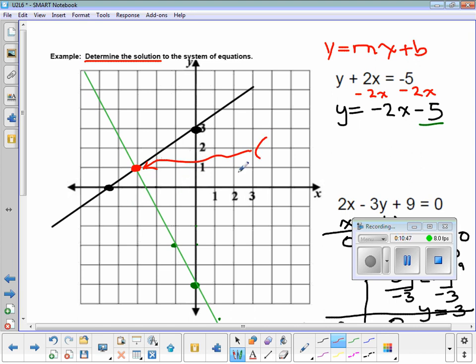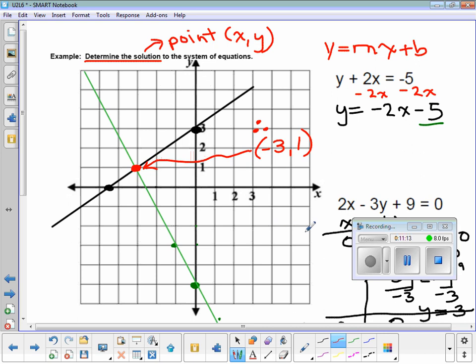So if I want to then write the answer, the solution will be the point. And remember, a point has an x and y value. So if we look at the x and y value here, so I'm looking at 1, 2, 3, so negative 3 and positive 1 for the y. So that is my solution. So therefore, negative 3, 1.